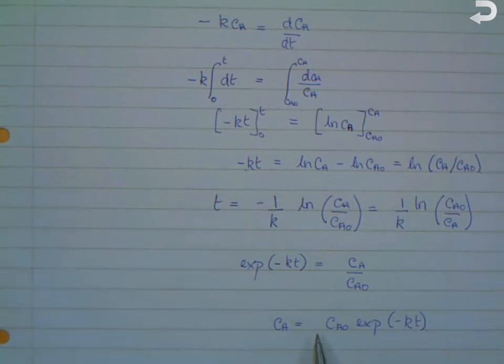And that's the expression you would use to calculate the final concentration for a given time from a known starting concentration, and that's a typical first order exponential decay of your starting material.